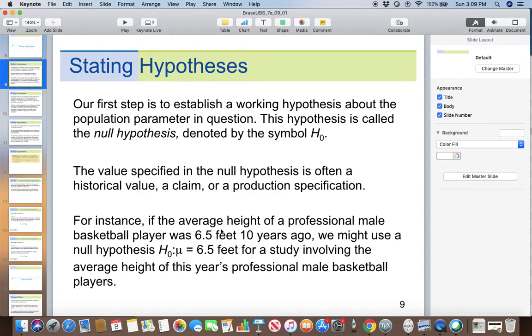For instance, if the average height of a professional male basketball player was 6.5 feet 10 years ago, we might use a null hypothesis H0: mu equals 6.5 feet for a study involving the average height of this year's professional male basketball players.